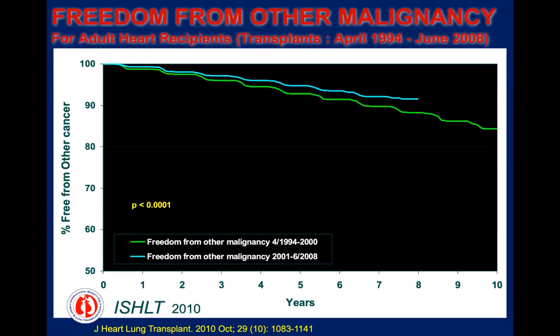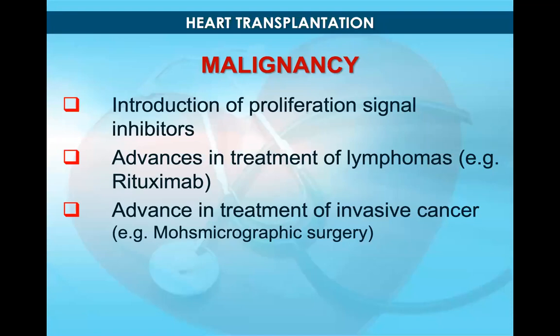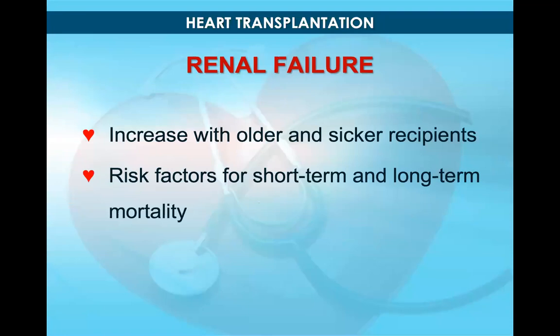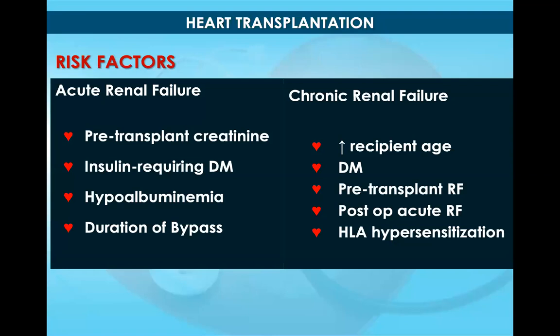These are just to show you the types of malignancies, which one is more and which one is less, and how we treat each. I don't want to go into these things.